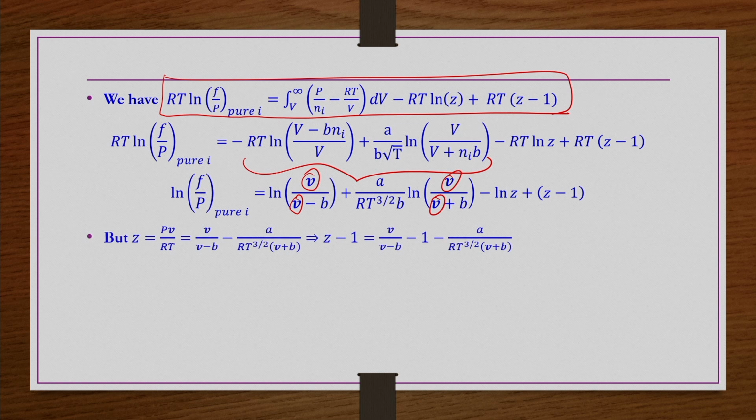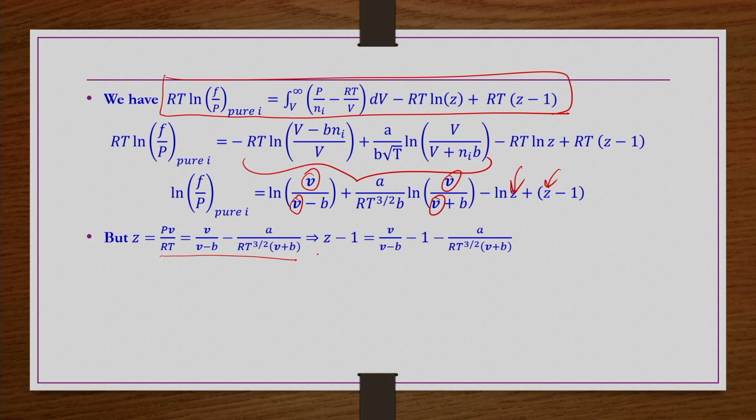So, now the next step, what we have to do: we have to find out this z, because this ln z plus z minus 1, whatever terms are there, we can substitute. Z is nothing but PV by RT. So, if you rearrange the Redlich-Kwong equation in terms of PV by RT, it is equal to V by V minus B minus A by RT power 3 by 2 times V plus B, this is what you get.